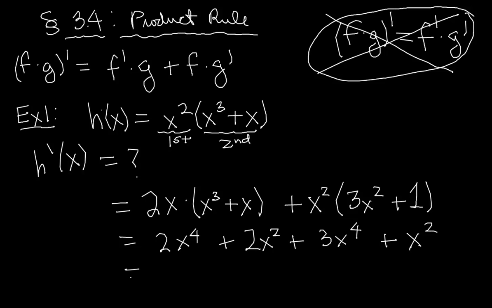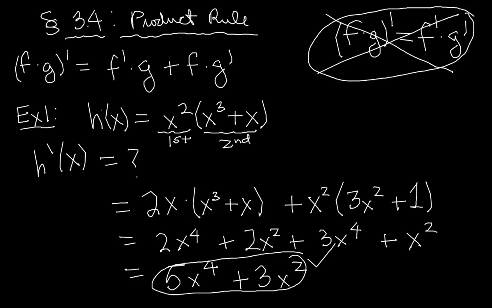And if you simplify that, that's simply 5x to the fourth plus 3x squared. Well, that plus didn't come out so right. Plus 3x squared. Okay, so you see that's the answer.